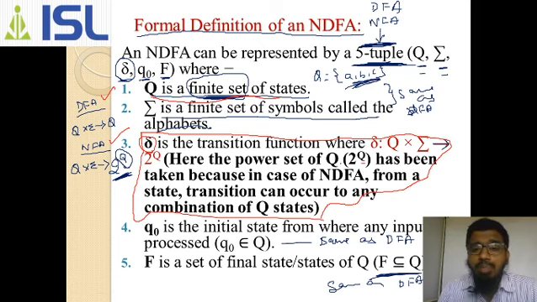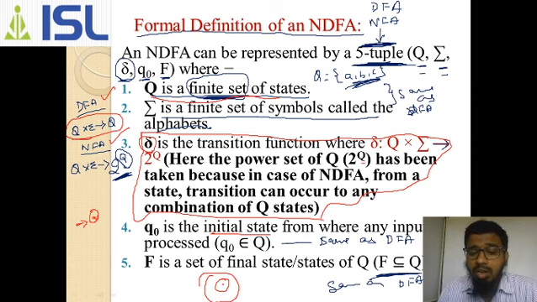In DFA we have Q cross sigma giving Q, and here Q cross sigma gives 2 to the power of Q. The initial state is represented as a single empty state, and the final state is represented as a double circle.